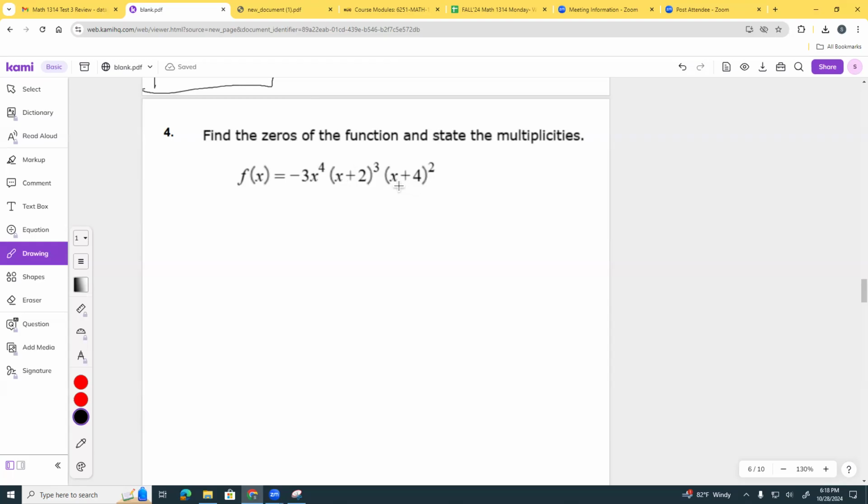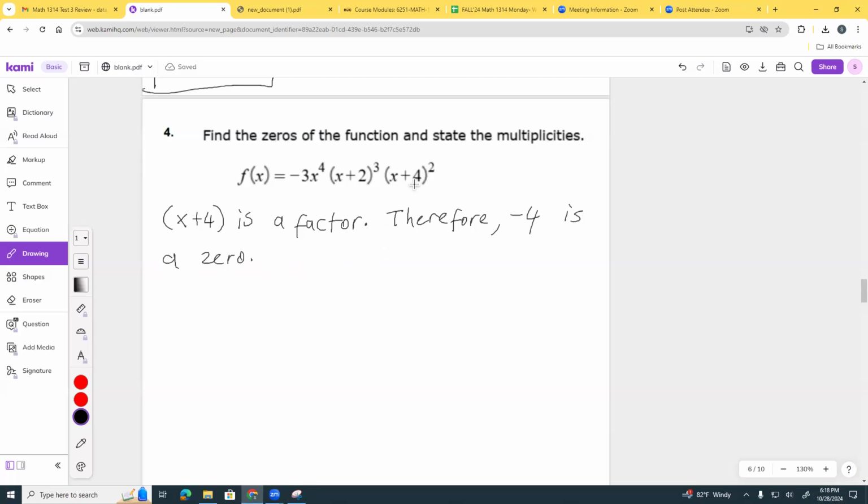So let's start from the back. X plus 4 is a factor. If this is a factor, what is the 0? Therefore, -4 is a 0, because all we have to do is set this to 0. -4 is the first 0 we are looking for.